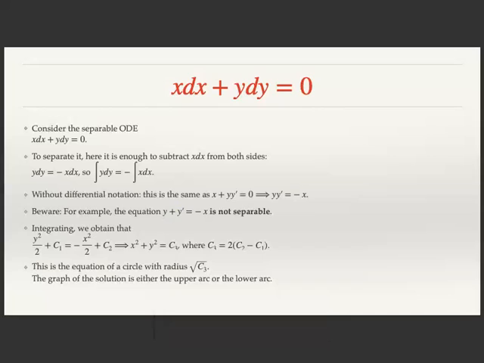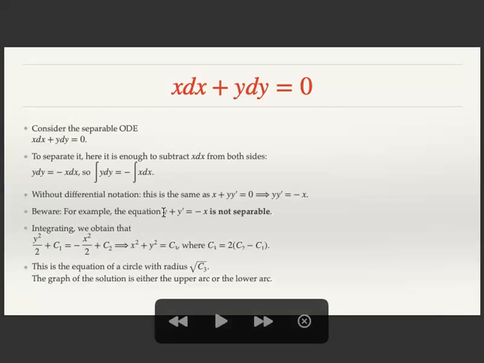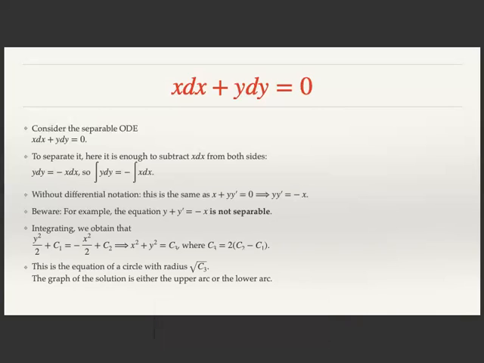This does not fit the definition of a separable equation. The reason is that it should be a product on both sides. If you had y times y prime is equal to minus x, then it would be separable. But if you have y plus y prime is equal to minus x, it's not separable.